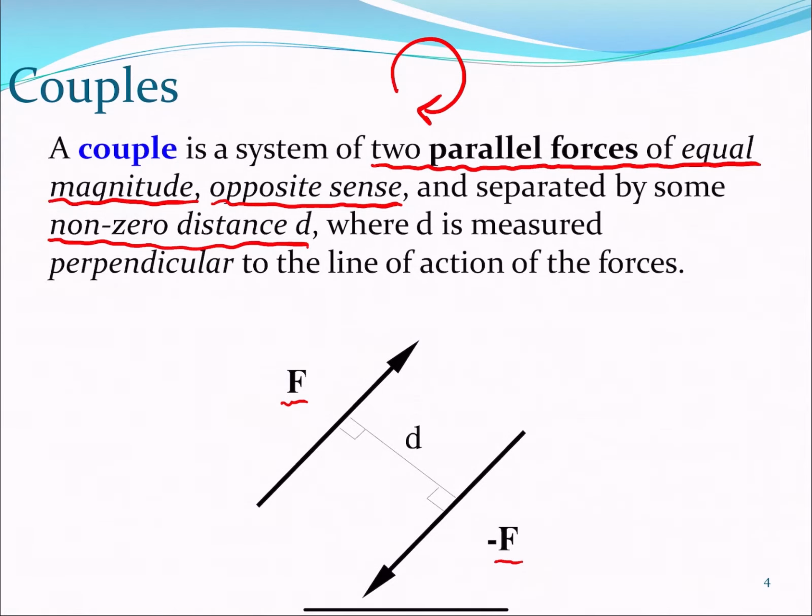When these forces act on a body, this set of forces will tend to create a rotational effect that will act upon the body.